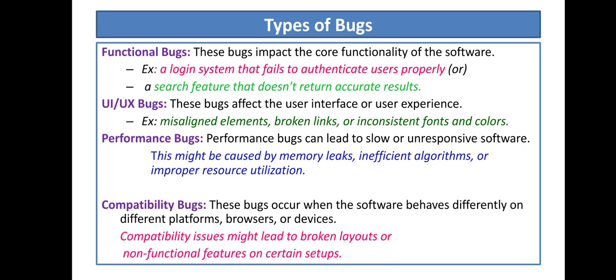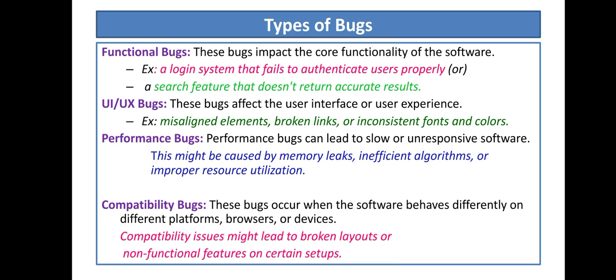So, functional bugs are where the software is not performing properly. User interface and user experience bugs involve misleading elements and broken links, for example, when you have selected one option but it is not functioning, or inconsistent fonts or colors that make reading and identifying things on the screen difficult.